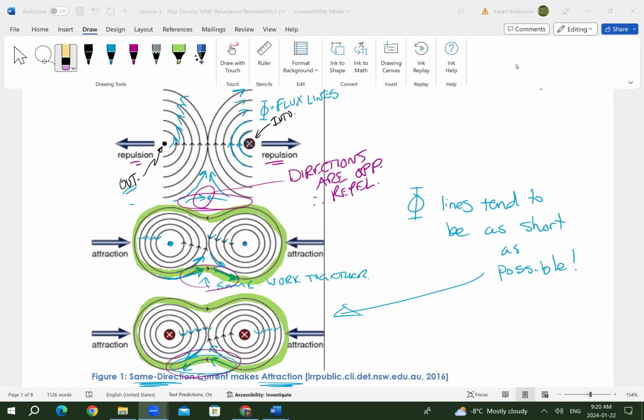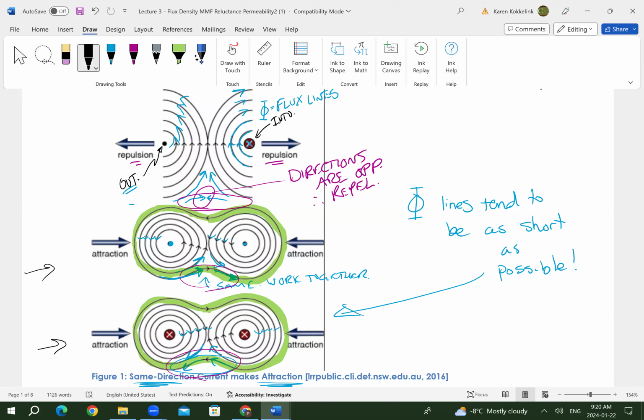We just talked about current coming through a current carrying conductor or a wire in the opposite direction causes repulsion, and the same direction causes attraction. So in this case, of current carrying conductors having their electrons flowing in the same direction in conventional current flow, these lines are going to be pulled together. Why are we talking about that?